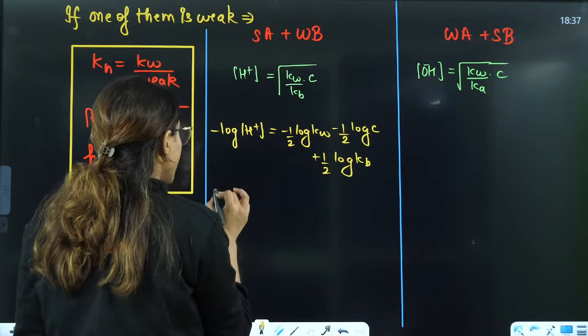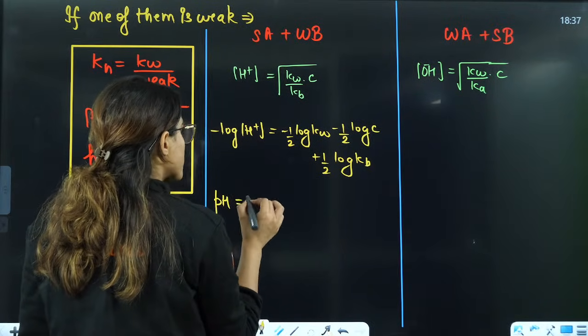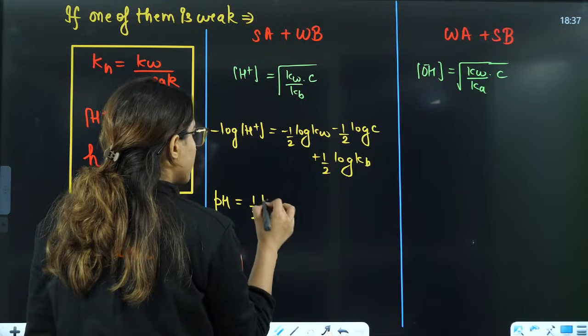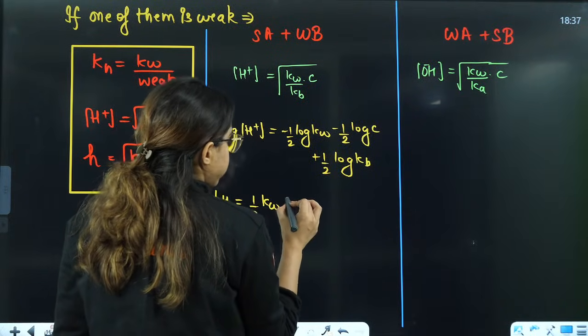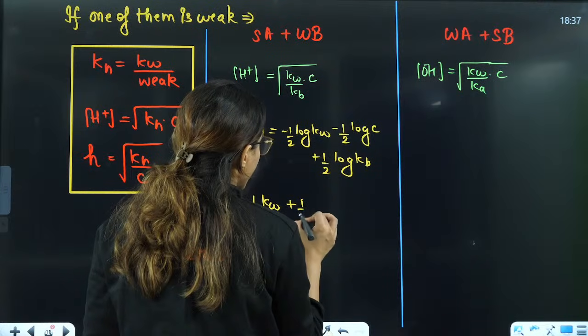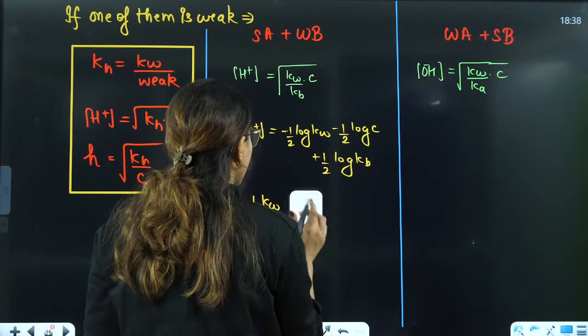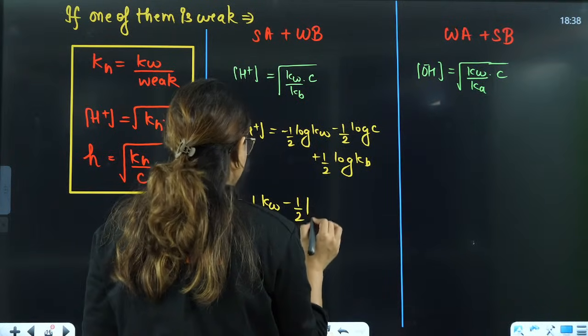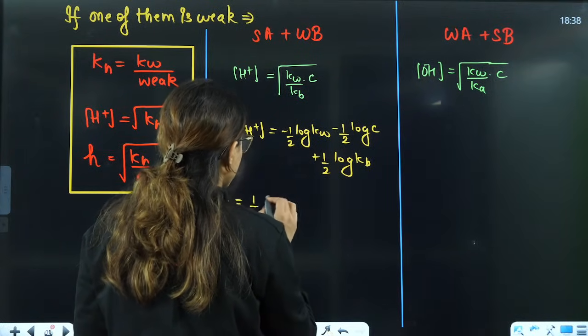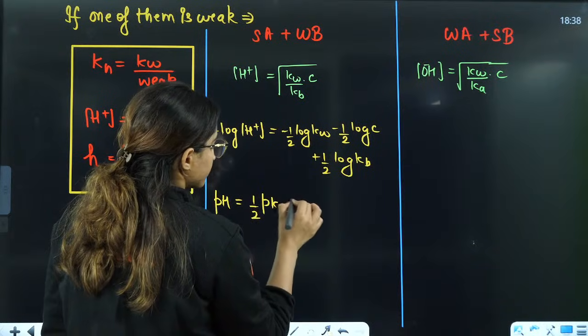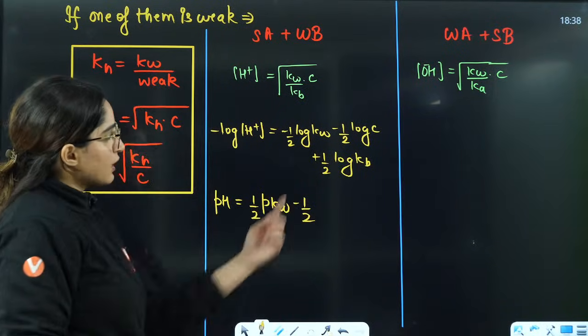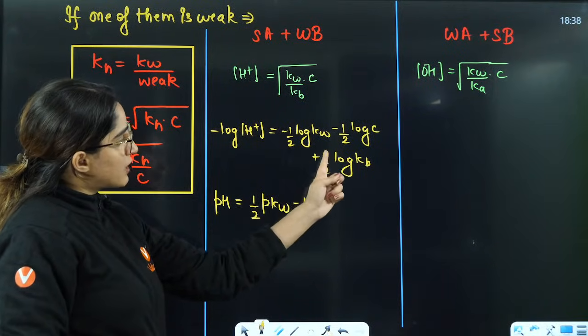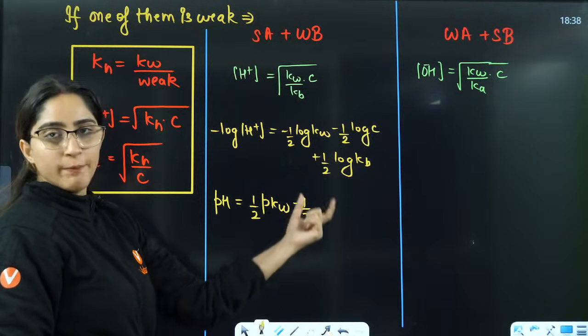So that will become pH is equal to half of Kw plus half of, minus I would say, minus half of... this is not Kw, this is pKw. If you put 1 minus and 1 minus here, minus log of Kb will become pKb.